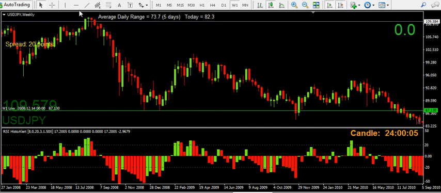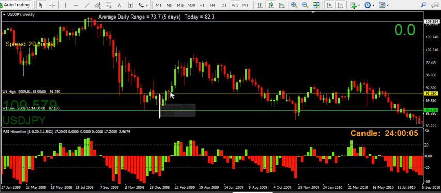Let's suppose this did break through here, and then you would be trading the break of the high there, which is that candle there. That's the break and close.